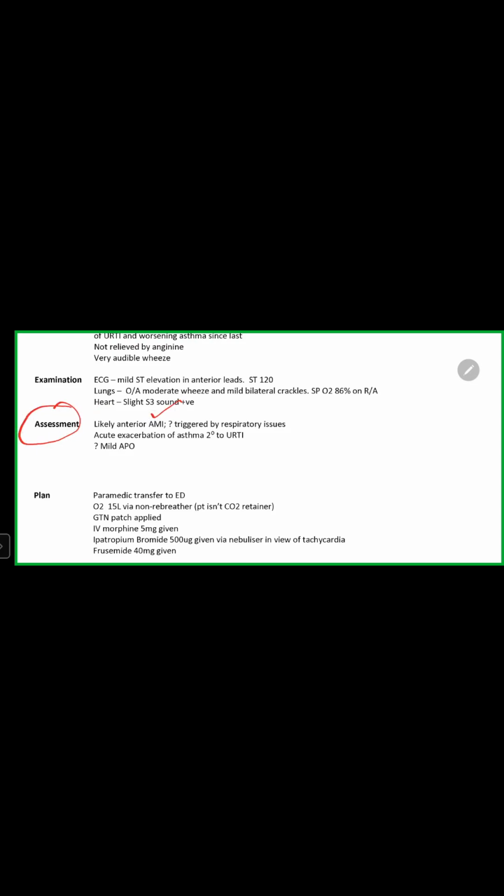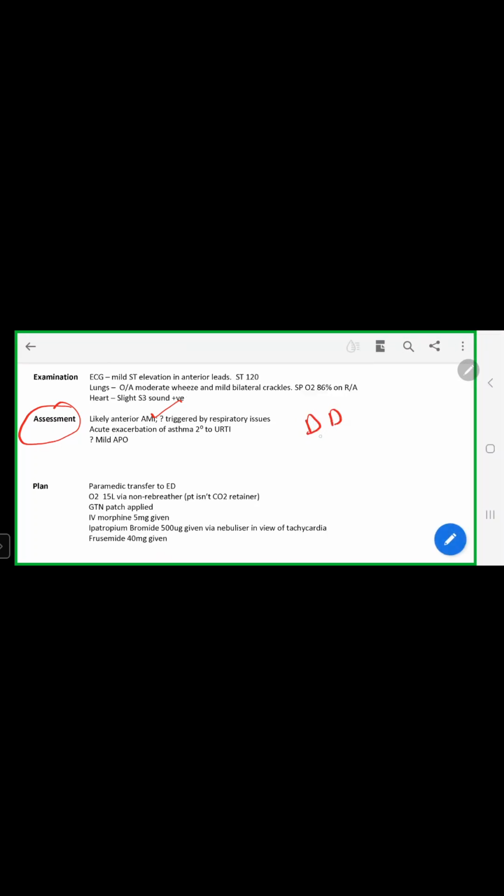We have differential diagnosis. The first DD is AMI, and the second DD is APO, acute pulmonary edema. Along with that, his asthma is worsening, right? So this is your first DD.